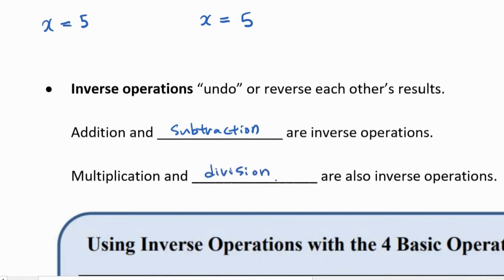Division. So remember, those are inverse operations. When you cancel addition, you use subtraction. When you cancel subtraction, you use addition. Same thing, when you cancel multiplication, you use division, and when you cancel division, you use multiplication, right?